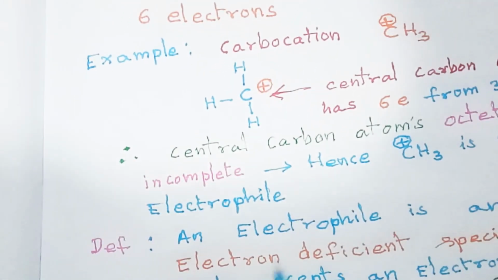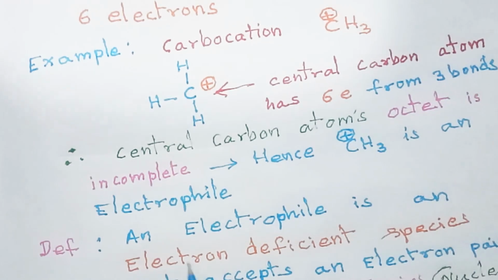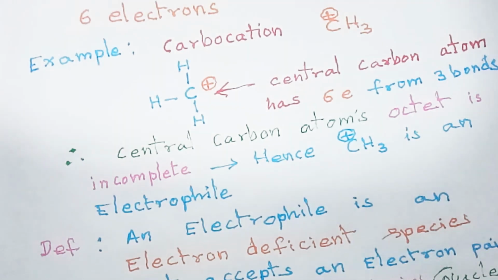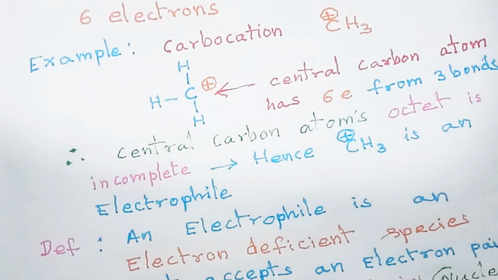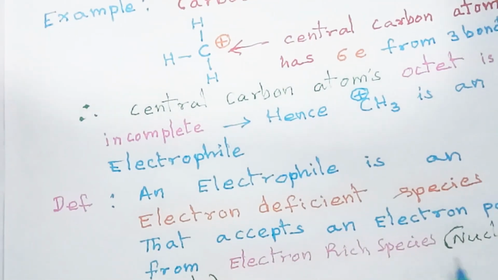Now let's see the definition of an electrophile. An electrophile is an electron deficient species that accepts an electron pair from an electron rich species. Electron rich species are nucleophiles.